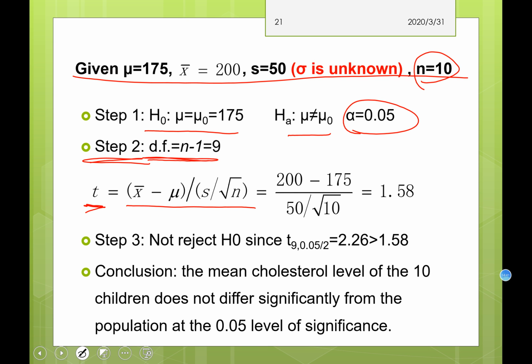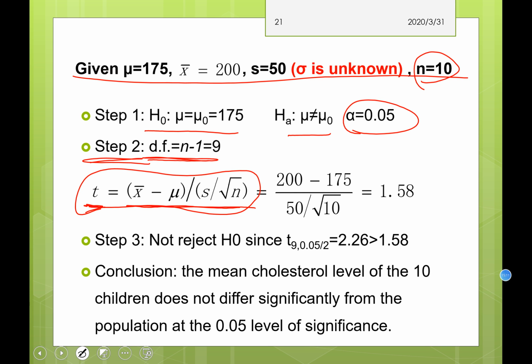Next, according to the formula for t distribution, we can figure out the t number. And you need to remember this formula for t value. That is similar to the formula for z value, and the formula of z value is what you need to remember too.